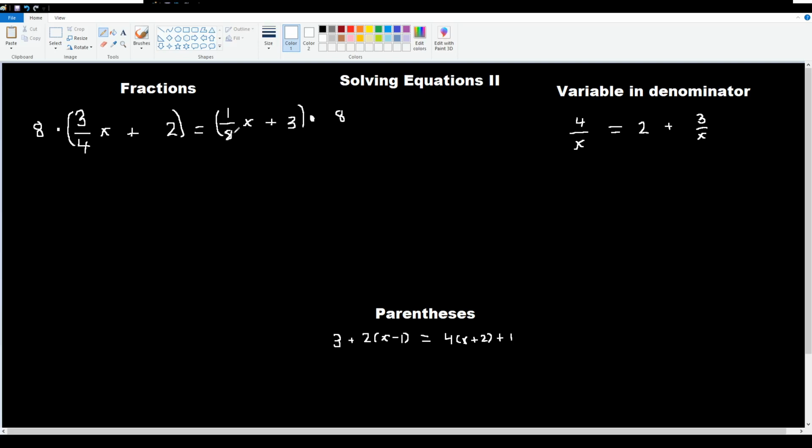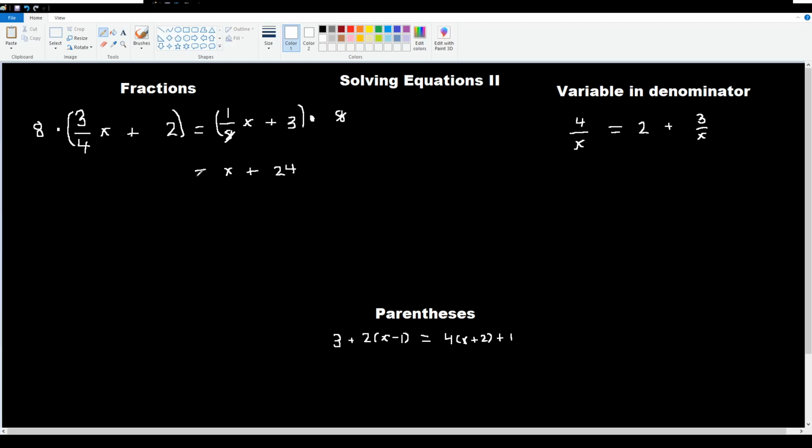So we can cross out this 8 with this 8, and that will give us 1x. And then the 8 doesn't get permanently crossed out, only for this fraction, but you have to distribute it to the other number as well, which is 3. So 3 times 8 is 24. So on this side, you're going to have the expression x plus 24.